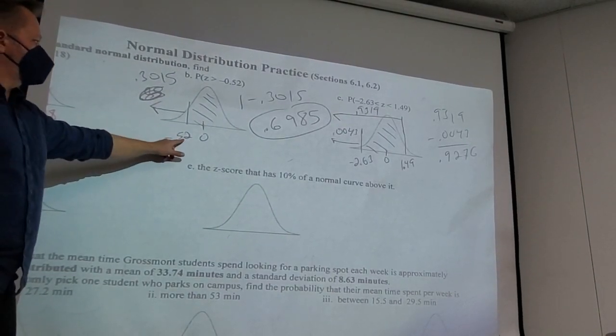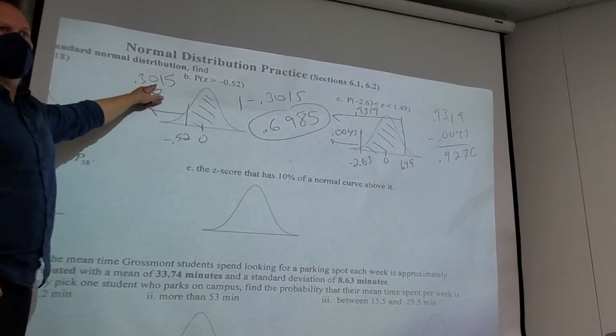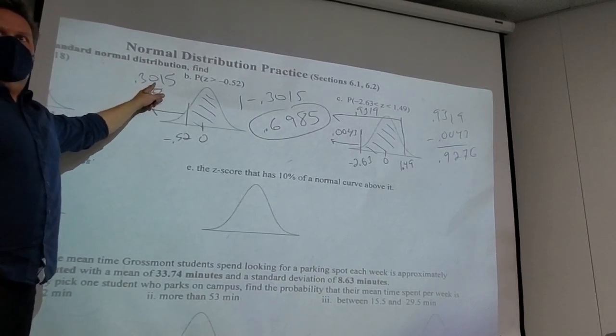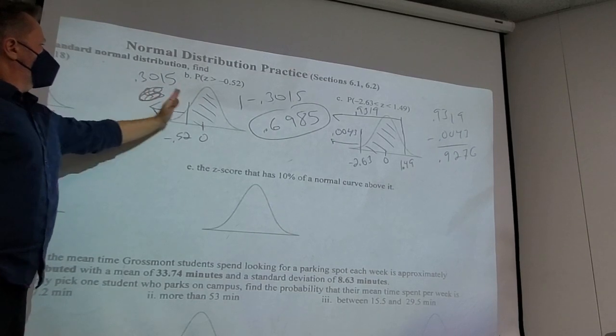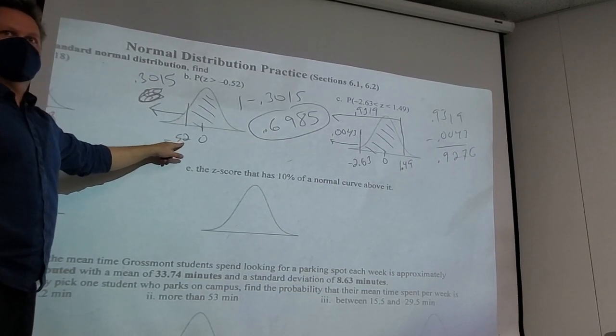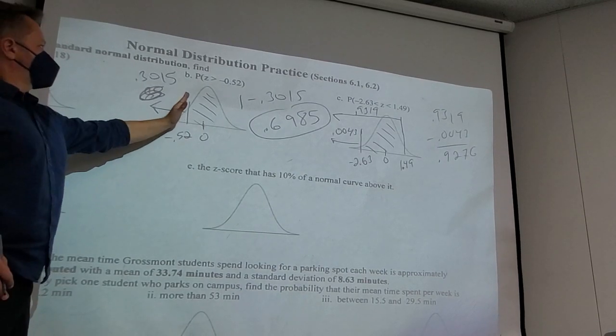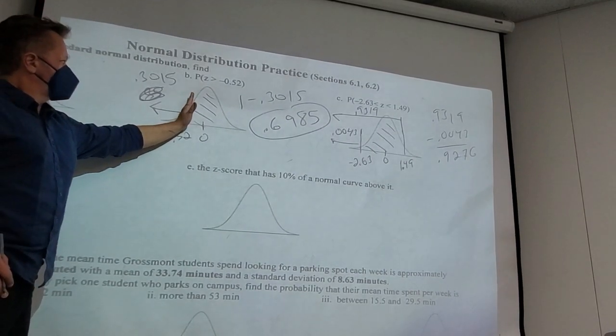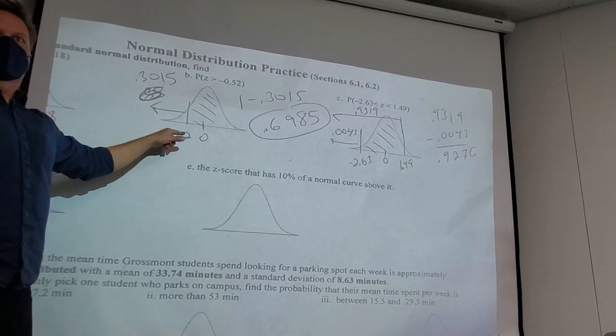When we looked up negative 0.52, we got this, right? This is basically the percentage below that, so this would be the percentile. Percentiles are the area, or the probability, the percentage that's below a given score.